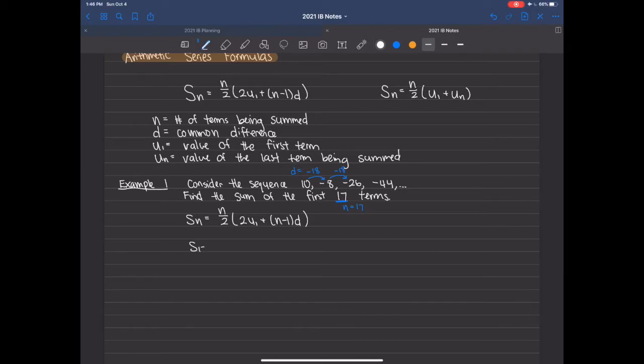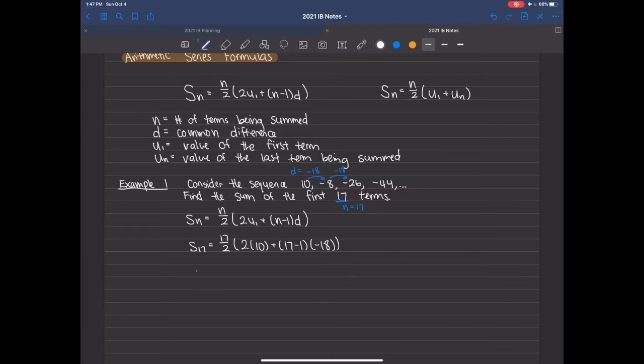So S sub 17, the sum of the first 17 terms, is 17 divided by 2 times 2 times 10 plus 17 minus 1 times the common difference of negative 18. And again, make sure you put your common difference, that negative 18, in parentheses.